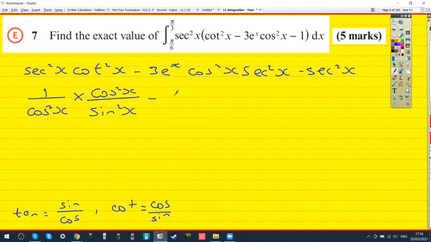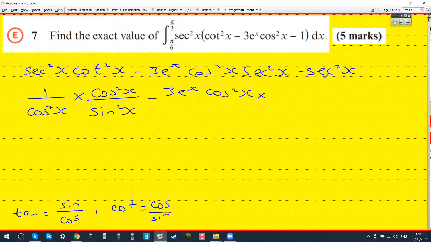Alright, keep going. So 3e to the x. This one is already cos squared x. Okay, sec squared x is the same as 1 over cos squared x.